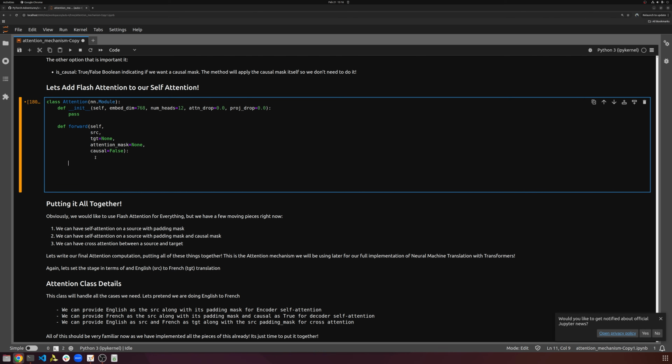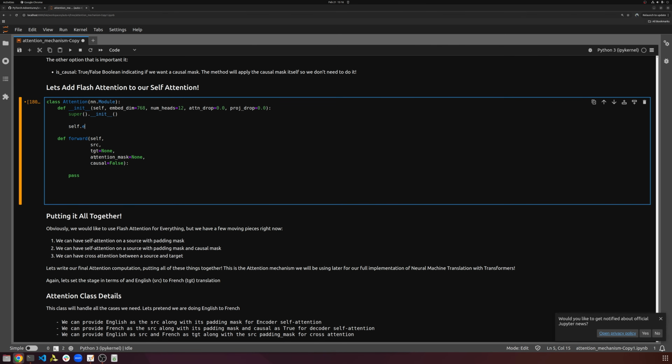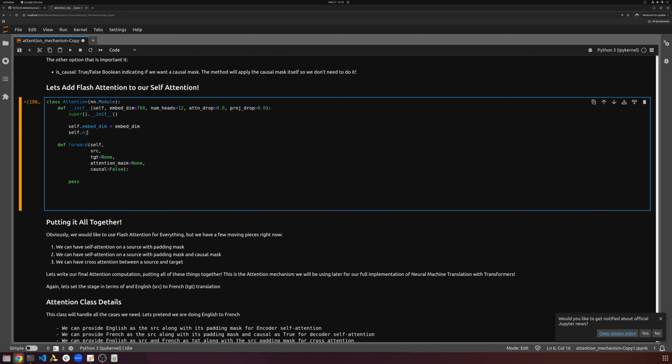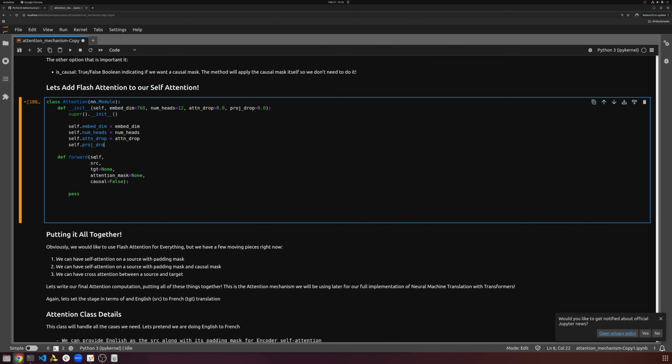So actually, let's define the layers first. And the layers should look exactly like everything we have seen so far. super().__init__(). Right, so we're going to do self.embed_dim is embed_dim, self.num_heads is num_heads, self.attention_drop is attention_drop, and self.proj_drop is proj_drop, right?